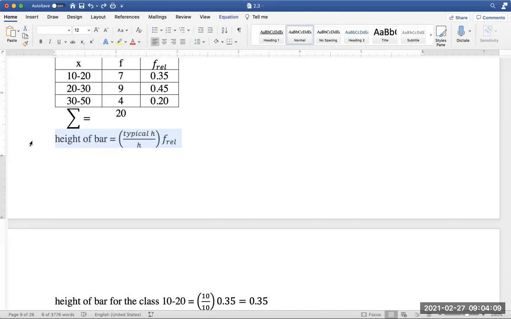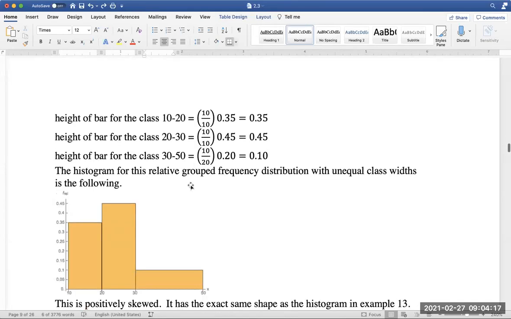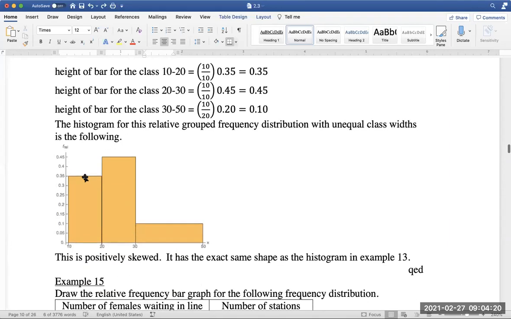Well, each of these is 10, so it doesn't matter. So 10 divided by 10 times 0.35 is 0.35. So between 10 and 20, the height is 0.35. Again, the class width here is 10, so 10 divided by 10 is 1, times 0.45 is 0.45.